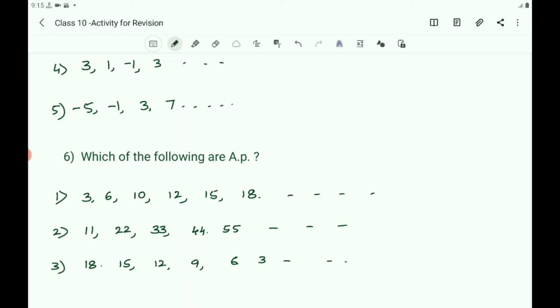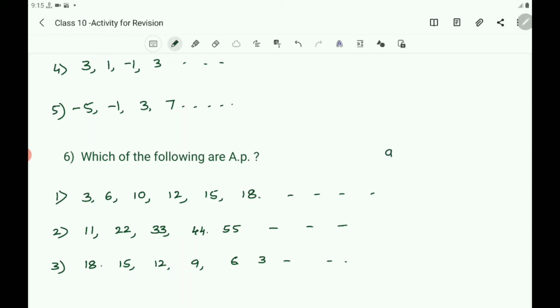Find A2 minus A1, second term minus first term. And next you find A3 minus A2, that is third term minus second term. If you got a different value, no need of finding the other differences, no need of finding A3 minus A2, A4 minus A3, A5 minus A4, this way.